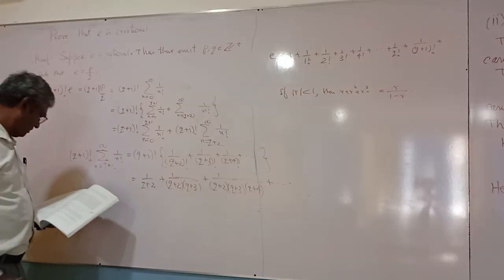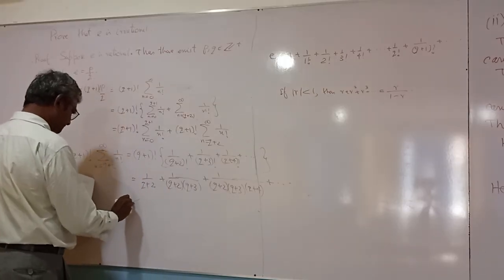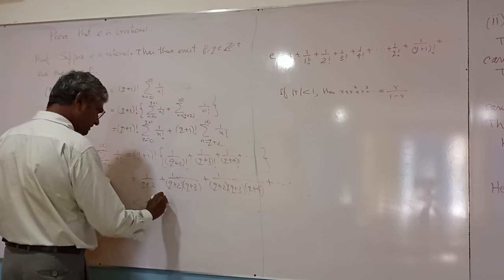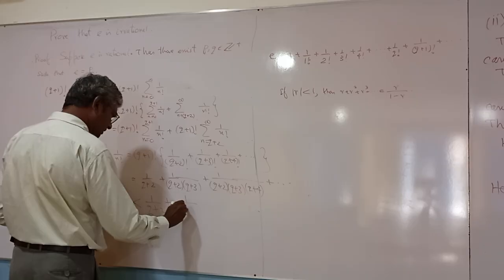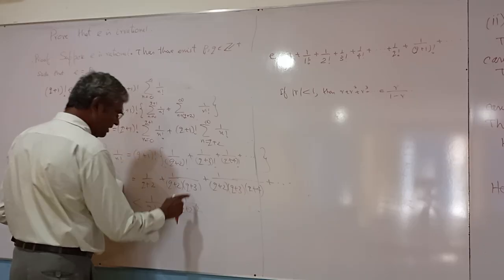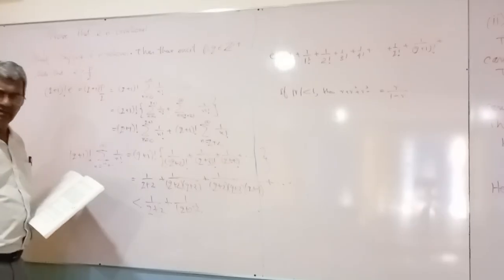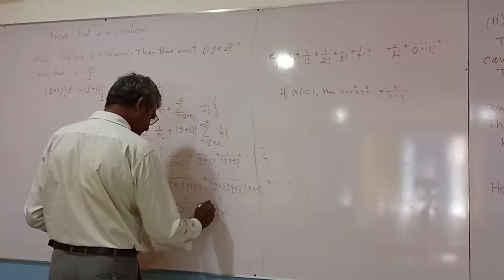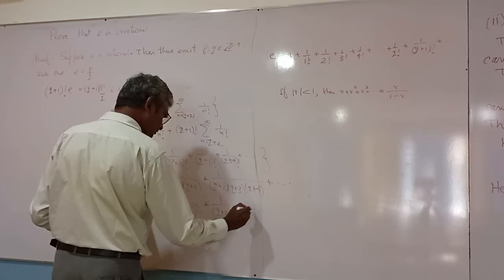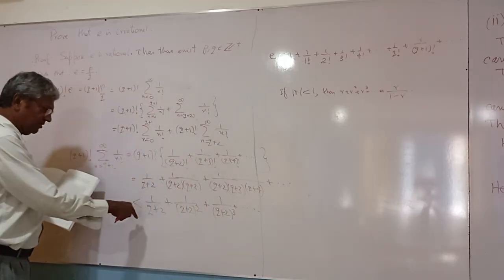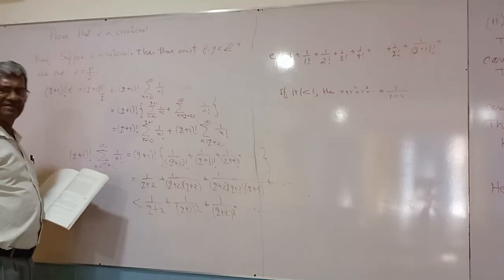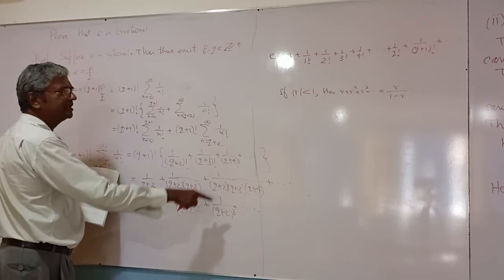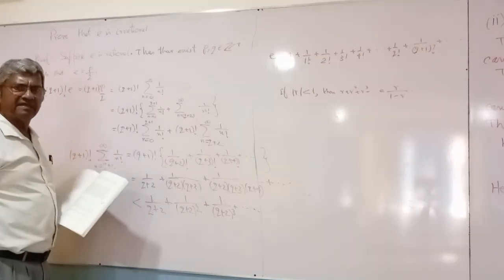So this is strictly less than 1 over q plus 2, plus 1 over q plus 2 whole squared, because 2 is smaller than 3, and this here is 1 over q plus 2 cubed. Now, q plus 2 is at least 3. This is a geometric series.